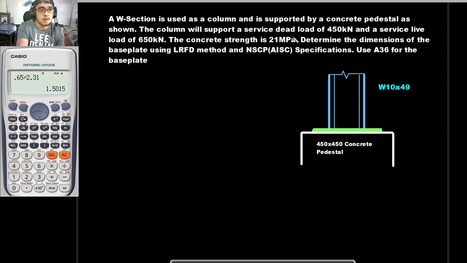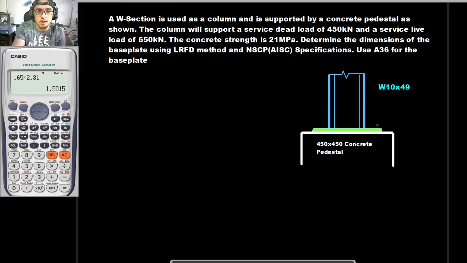The concrete strength is 21 megapascals. Determine the dimension of the base plate using LRFD method and NSCP or AISC specifications. Then use A36 for the base plate.